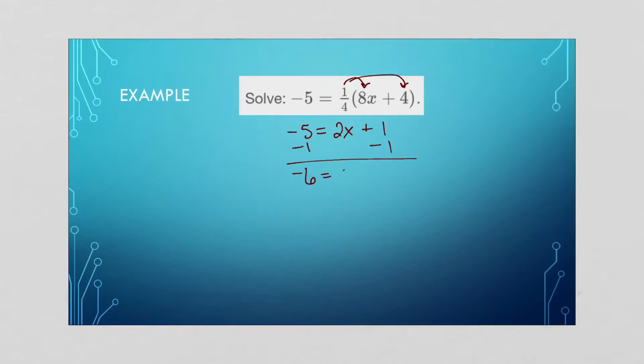Negative 6 is equal to 2x, and now I'm going to divide by 2. Okay, so now to check the work, we would do negative 5, is that equal to 1/4 times 8 times negative 3 plus 4.